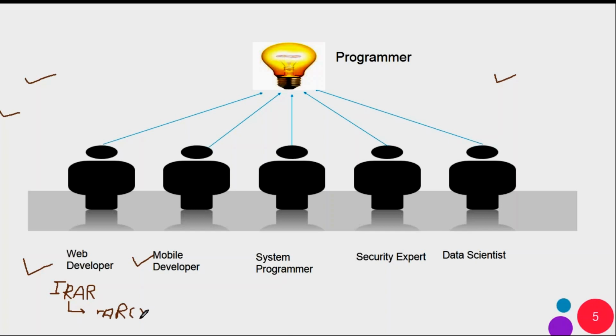So what I'll do now, my existing class like web developer would implement the I interface, reward and recognition, along with it, and the mobile developer would also implement these features along with the programmer interface.